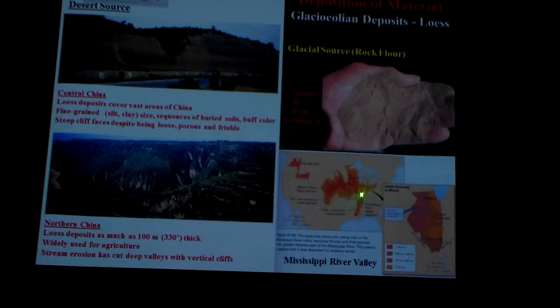And if you look in the United States, it covers all of the Midwest and the Great Plains. This is the basis of the super great soils that we have through that area that make the Great Plains the beef basket of the world, and Illinois, Indiana, Ohio, Michigan, the corn center of the United States. It's these soils. And this material is called loess, L-O-E-S-S.